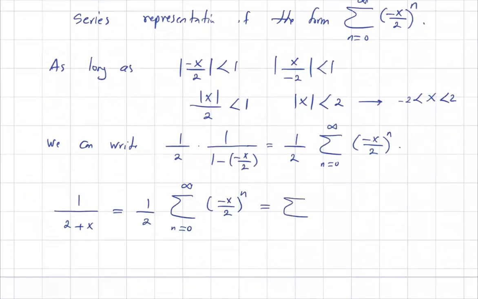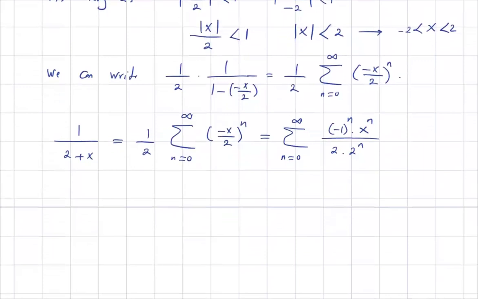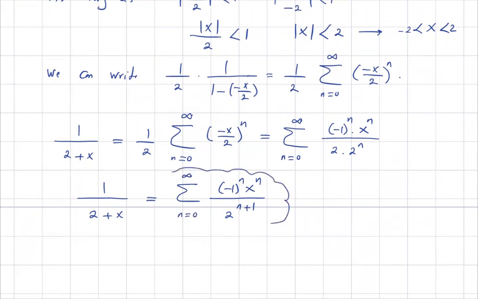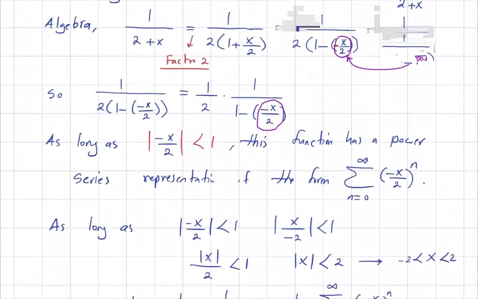This is the summation of negative 1 to power n times x to power n divided by 2 times 2 to power n, and start from 0 to infinity. So far, we have 1 divided by 2 plus x equals the power series negative 1 to power n, x to the n divided by 2 to power n plus 1, and start from 0 goes to infinity. This is what we have so far. Let's see what we did. Take a look.